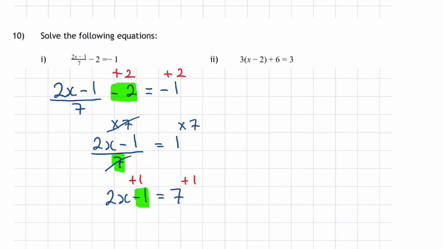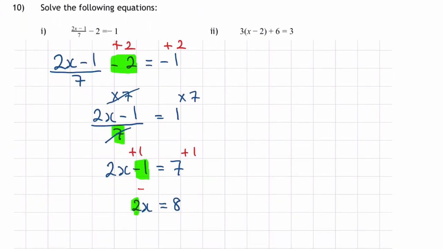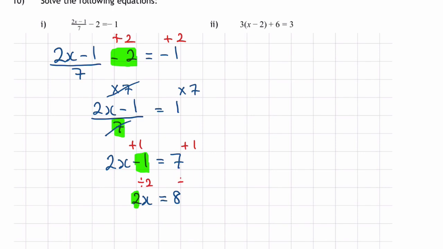When I do that, I'm going to get that 2x is equal to 8. Finally, I'm going to deal with the 2, and to do that, I'm going to divide by 2 and divide by 2 to give me an answer of x is equal to 4.